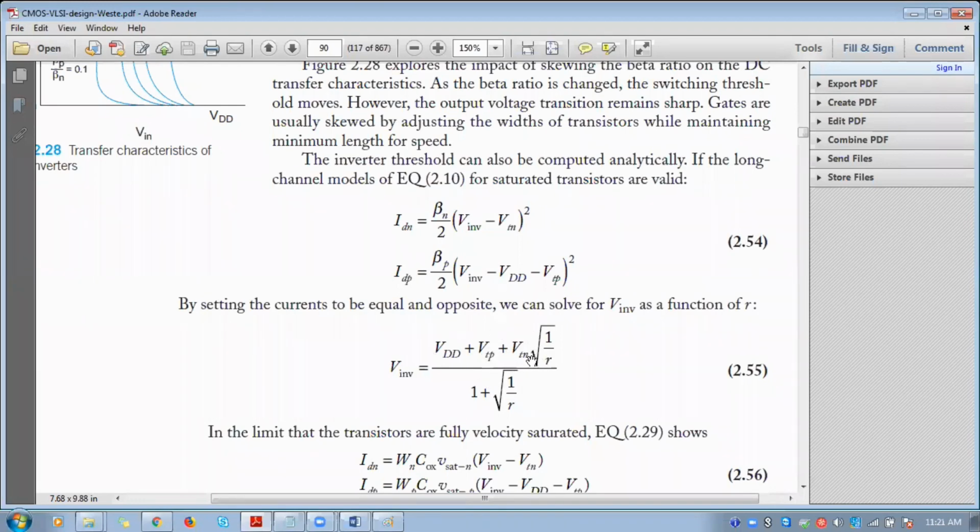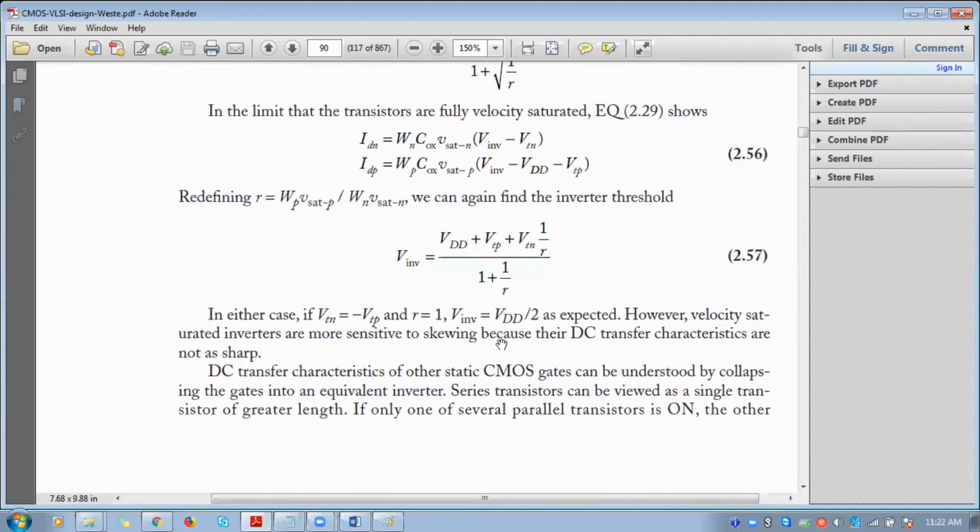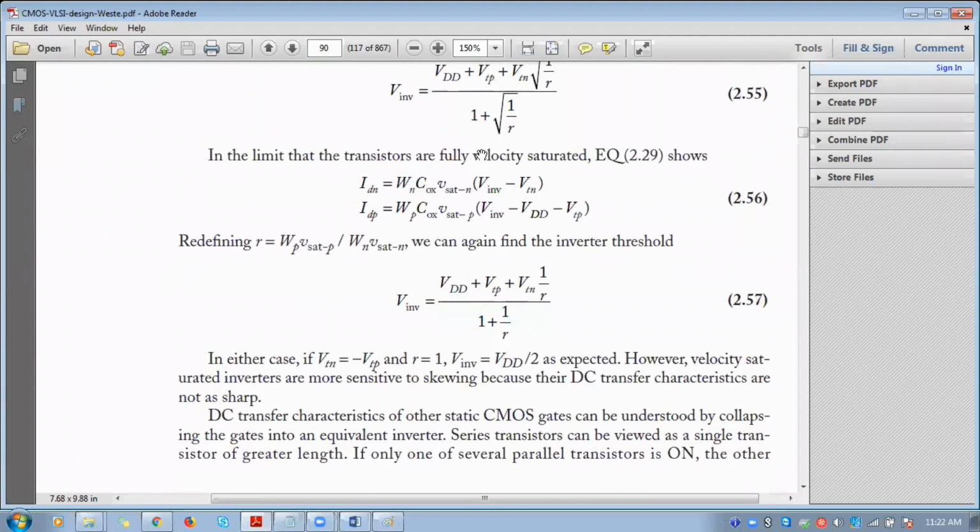If you compare the threshold voltages of both NMOS and PMOS, they have opposite values, for example VTN equal to minus VTP. So these cancel each other, and we get Vin equal to VDD by 2. That is the theoretical explanation for why input voltage and output voltage equal VDD by 2 at operating point C. At that time, both NMOS and PMOS will be in saturation.